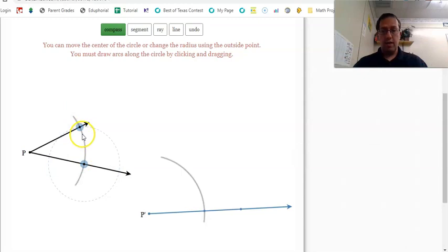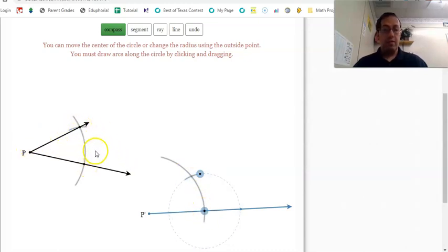That's what this is going to do. So I'm going to mark it there, then I'm going to bring it over here and make that same little mark going across it. And so now I know that this distance is the same as this distance.